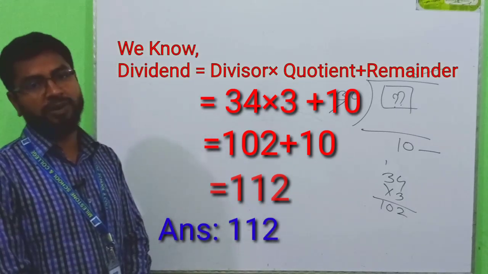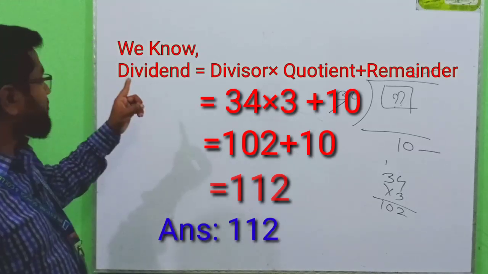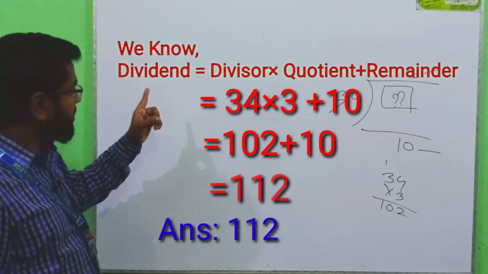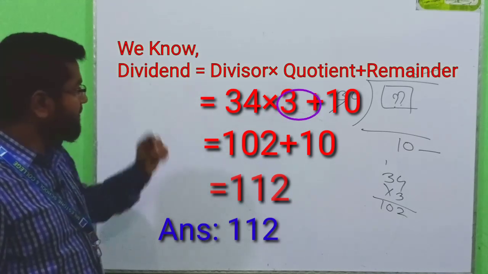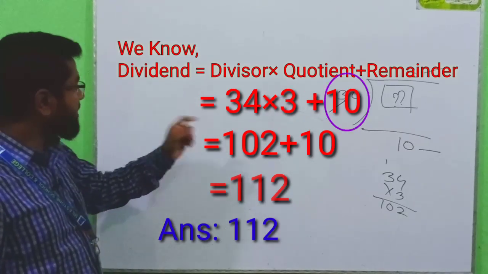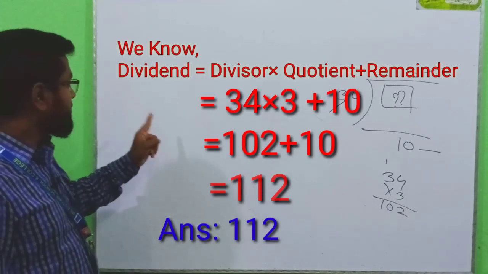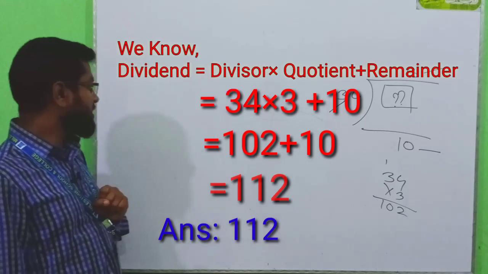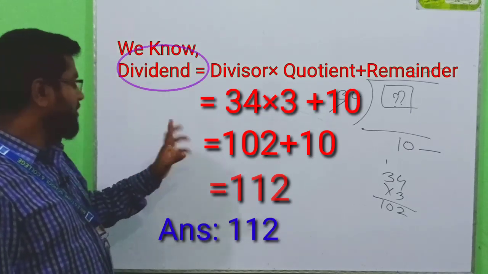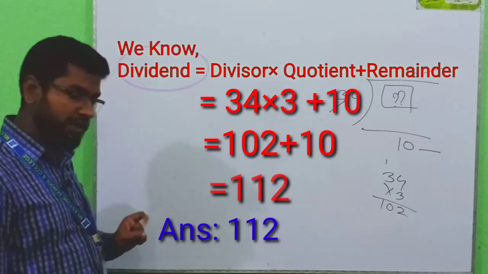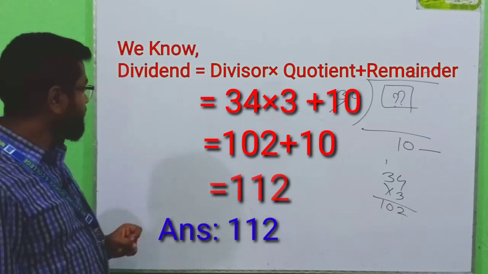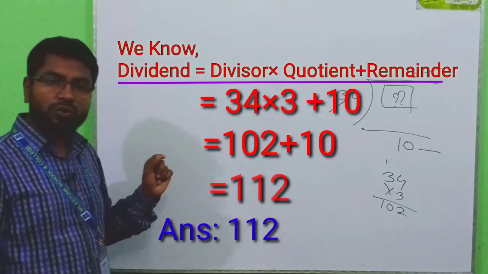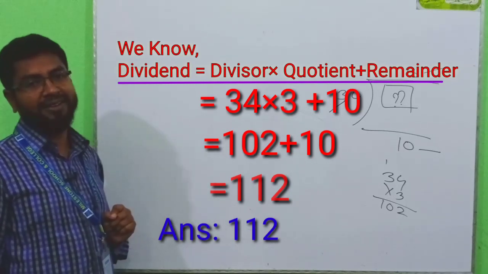I will repeat this math again. See, we have to write the given first. Given quotient is 3, remainder is 10, divisor is 34. We need to find out the dividend. Dividend equals question mark. We need to put it. And we know dividend equals divisor multiply quotient plus remainder.